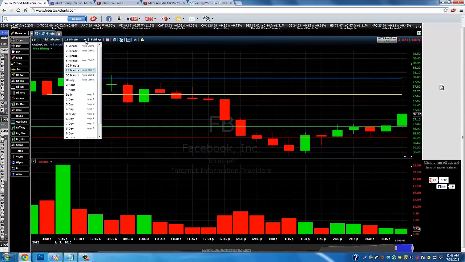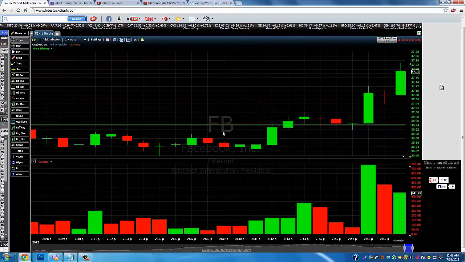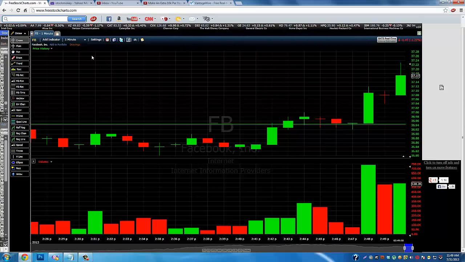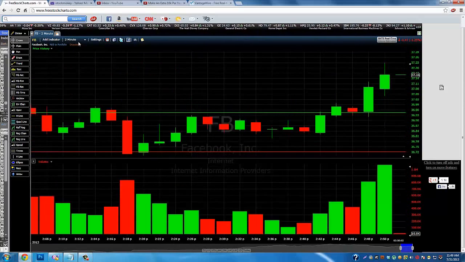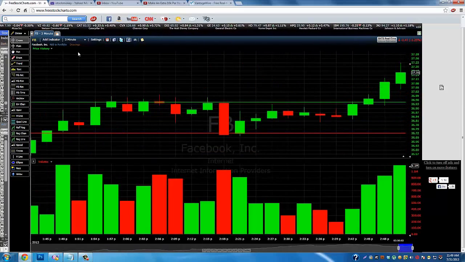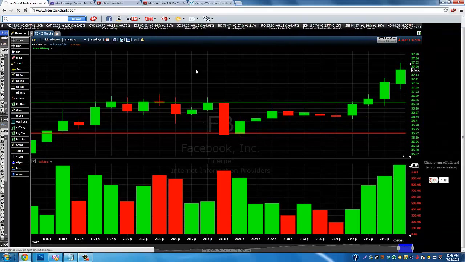Now you can change it to 1 minute. This is the 1 minute chart, as you can see here, and you can change it to 2 minutes. You have 3 minutes. You see, 3 minutes. Each one of these candlesticks is 3 minutes.